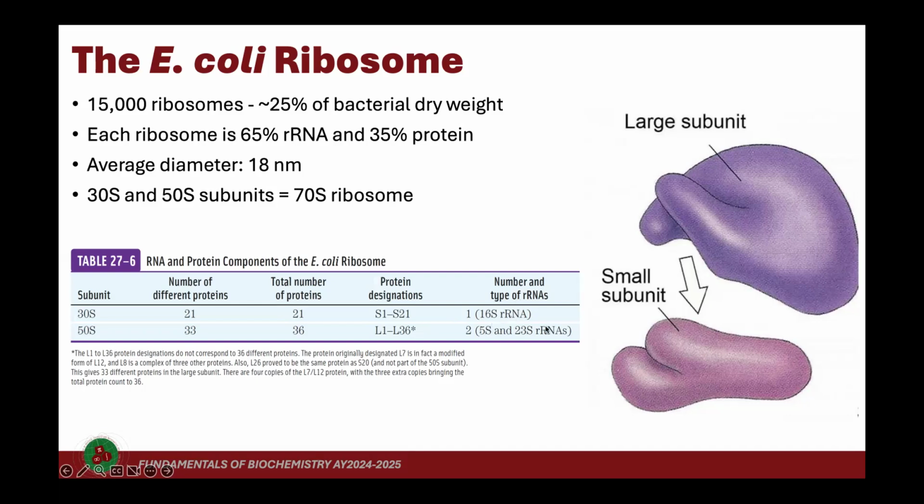For the 50S subunit, there are two RNAs, the 5S and the 23S. There are still more proteins, but in terms of composition, you still have more RNA because this 16S is big. It has a lot of nucleotides for this one strand of ribosomal RNA.